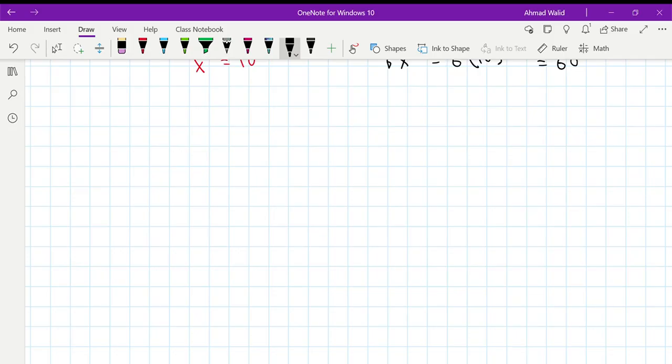Let's do a lot of examples because this is the beginning of the class and I want you to have a good understanding of the topics, correct? Example 3. Again, find the measure of each marked angle.